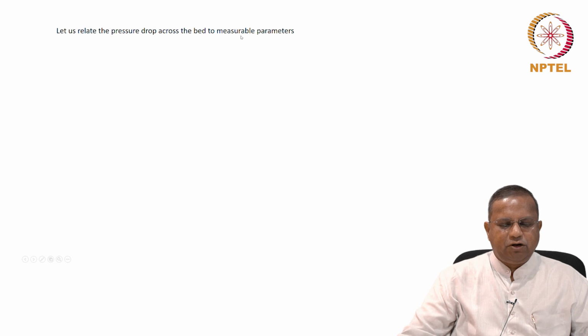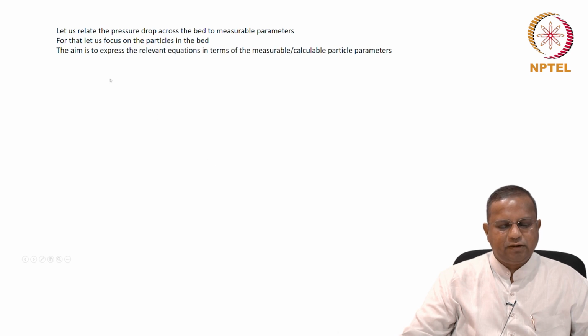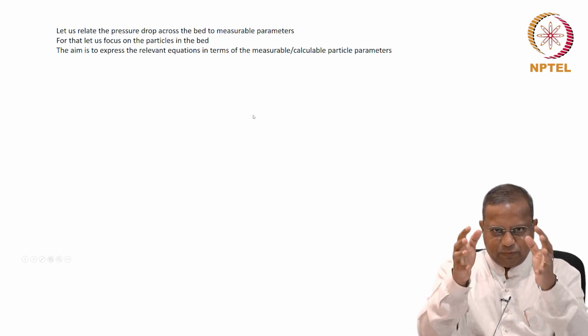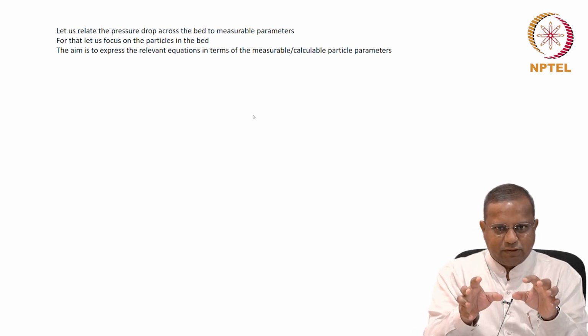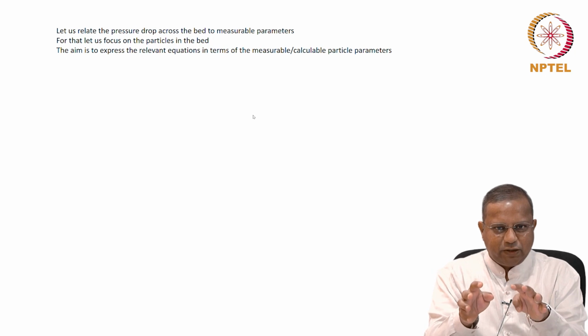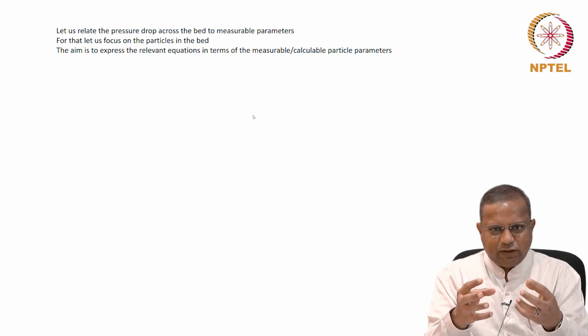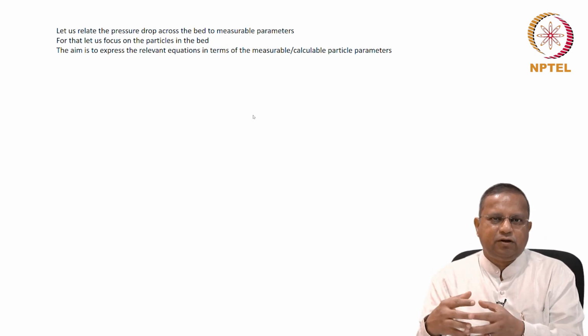Let us relate the pressure drop across the bed to measurable parameters, and let us focus on the particles in the bed. The aim is to express the relevant equations in terms of measurable and calculable particle parameters. That's what we are trying to do here. Remember, we are approaching the bed in some way with our view so that we can get some useful things for design and operation.